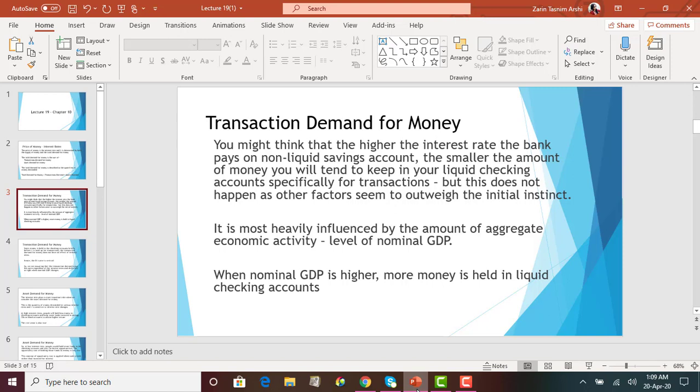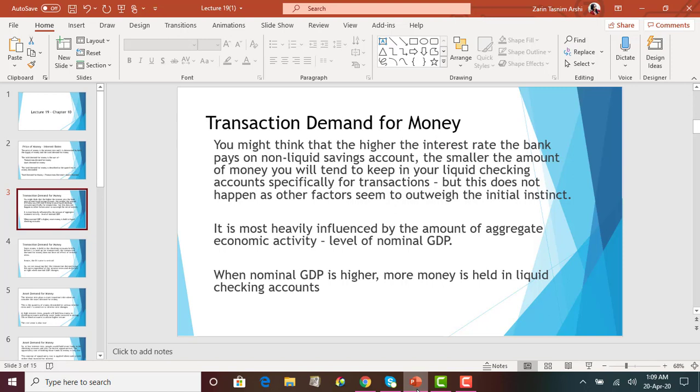So if I need money to buy gas, to buy groceries, or to pay my electricity bill, that's a transaction demand for money, because this money is needed to meet my daily requirements. Electricity, grocery, gas, it can be your water bill, your trash bill, your rent. These are all transaction demand for money.